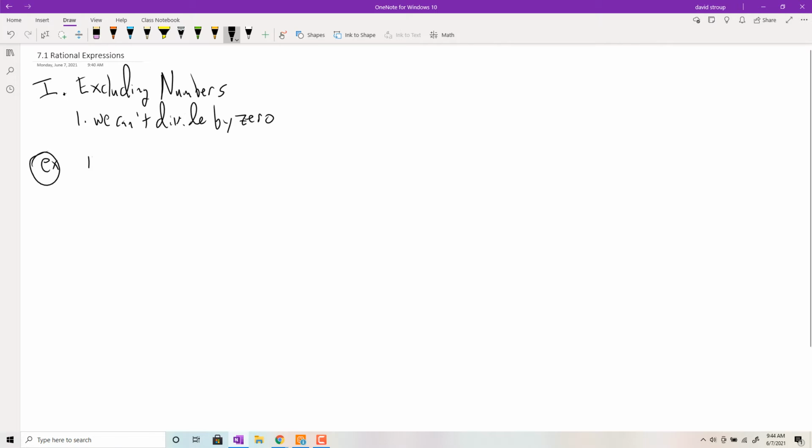We have the expression 11 over 3x. It's a perfectly fine expression so long as that x variable doesn't cause a 0 in the denominator when you do a substitution for x. How do I figure out what number? You can look at it and say, if I put a 0 in there, that's going to be trouble.